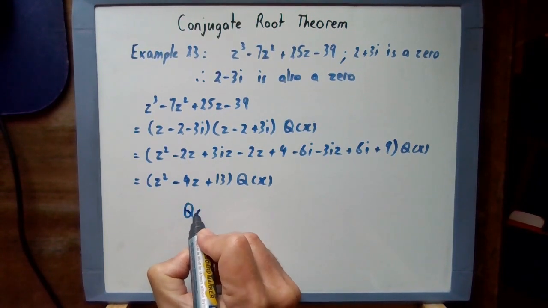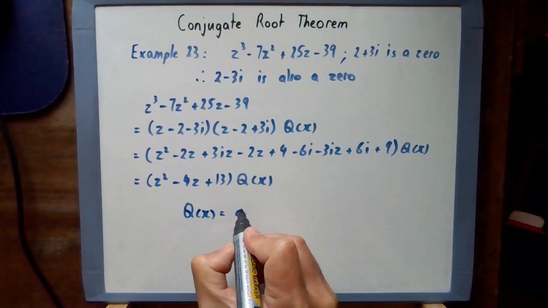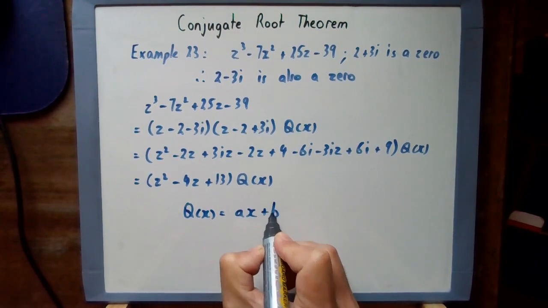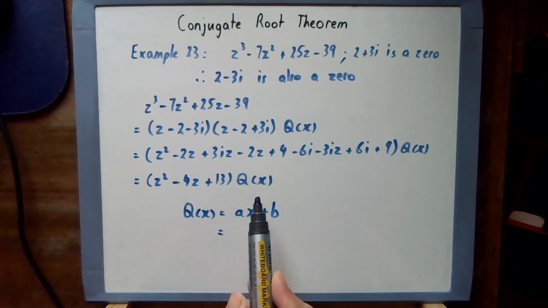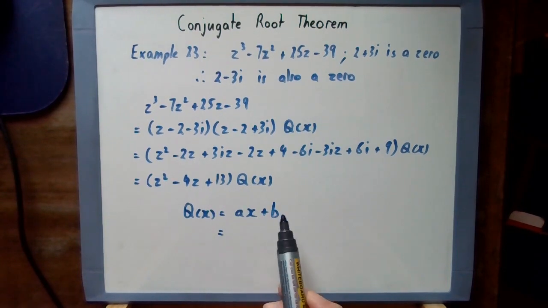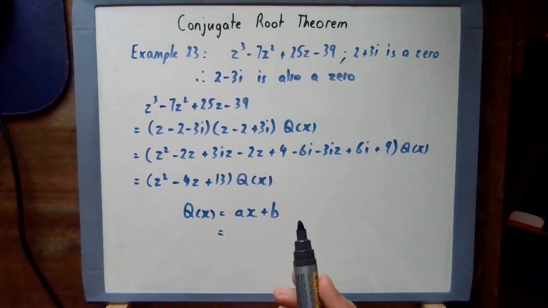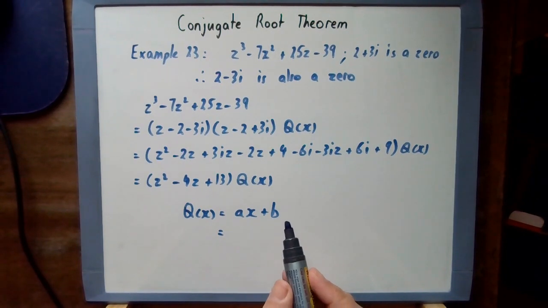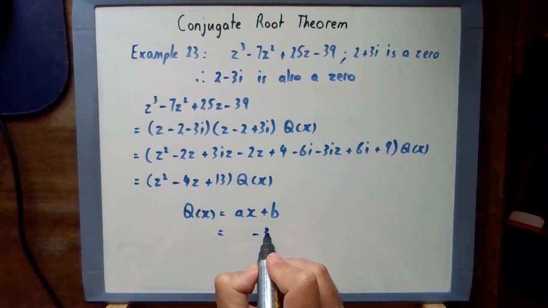So q of z is going to be of the form az plus b. Now when we look at that, 13 times b is therefore equal to minus 39. So therefore b must be minus 3.